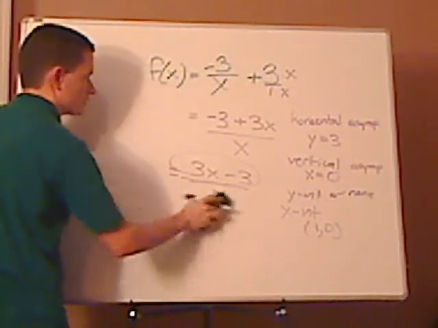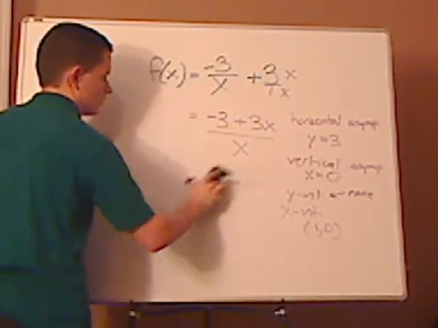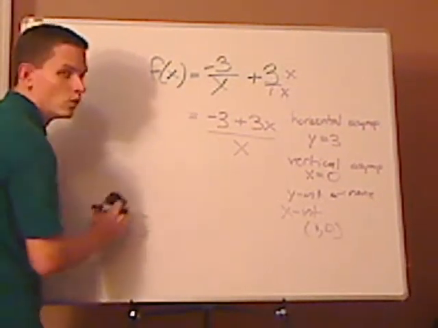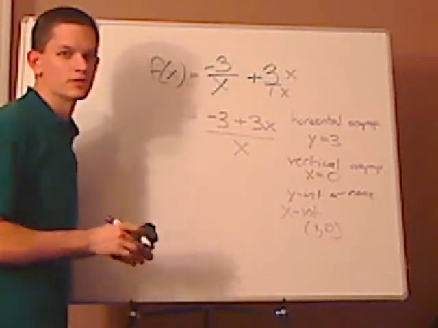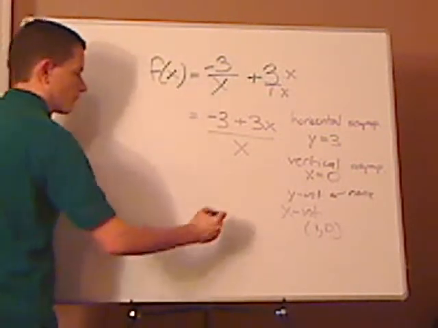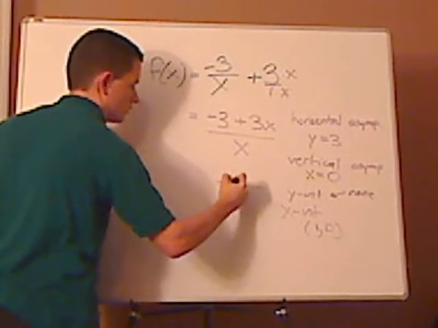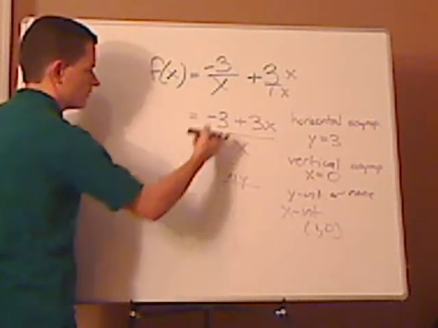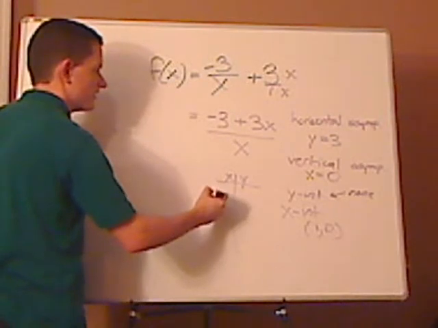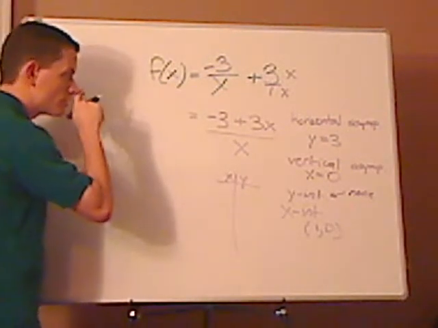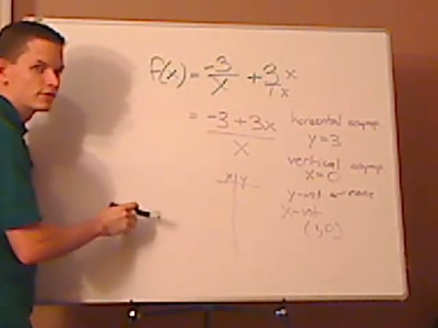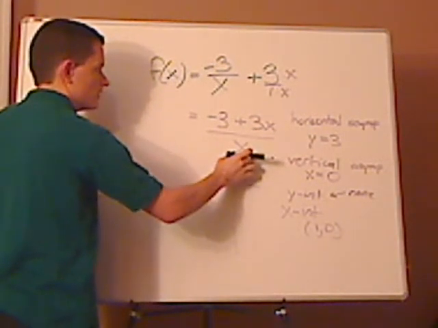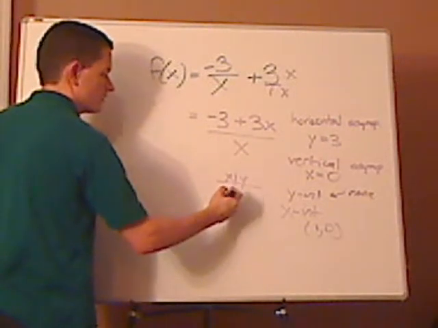So I'm going to erase this. Now what else you can do to graph is just plot some points. So for example, if I plug in 1, that's going to cancel. Now also, you want to think through, okay, what can I plug in so that it will divide evenly?